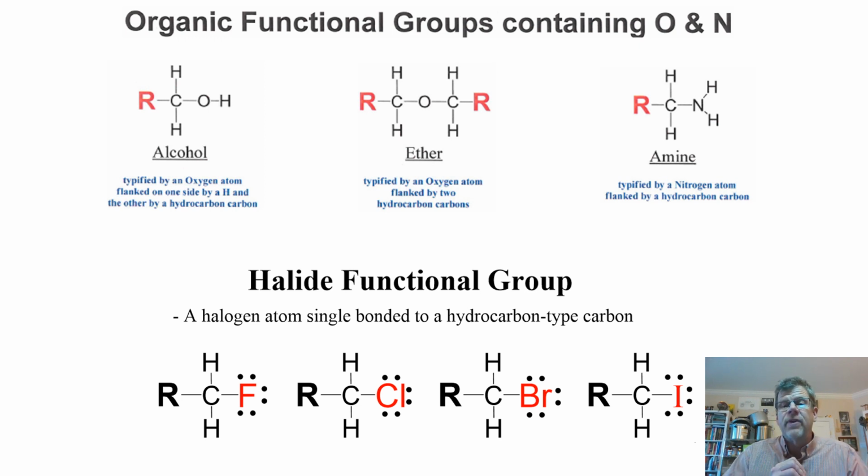Now, as we know, we have 4 halogens that we typically work with: fluorine, chlorine, bromine, and iodine. Any of these is considered a halide functional group, that HAL for halogen.